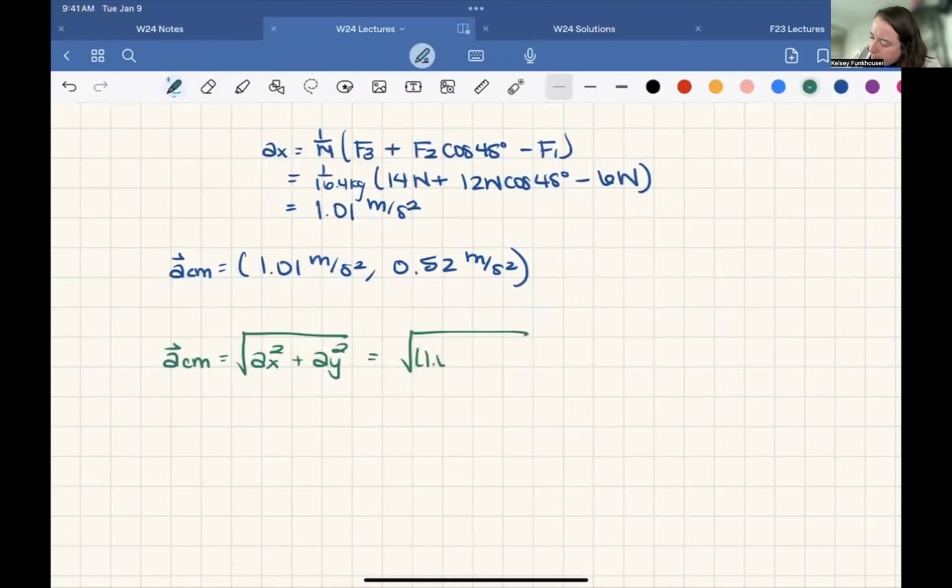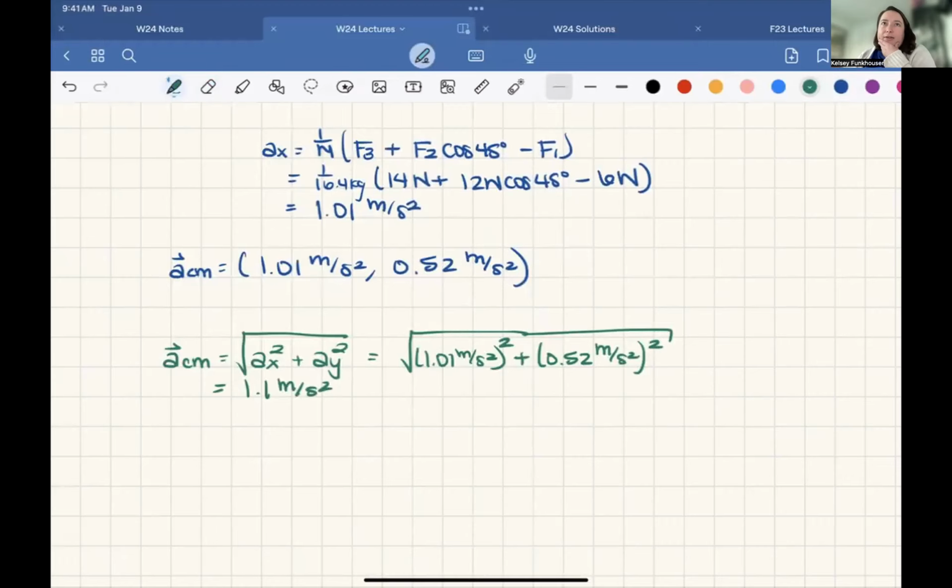The square root of 1.01 meters per second squared, the whole thing squared, plus 0.52 meters per second squared, the whole thing squared. Square root of that, we get 1.1.